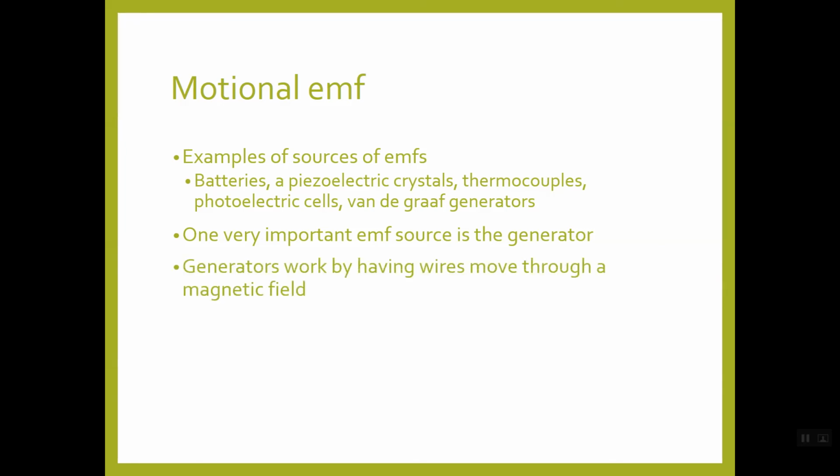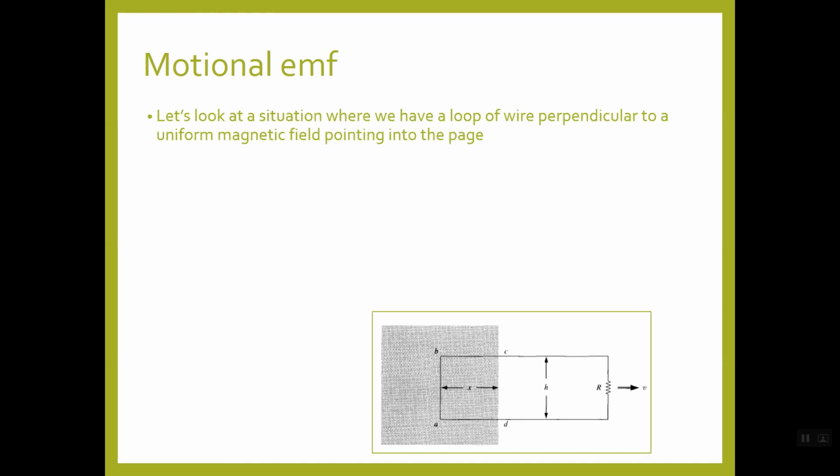Generators work by having wires move through a magnetic field. And this kind of electromotive force is called motional EMF because we have moving wires. So we're going to look now a little closer at motional EMF.